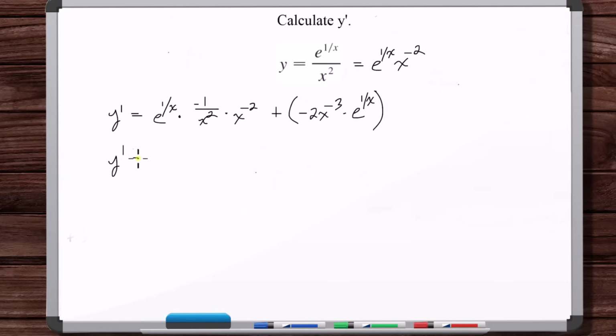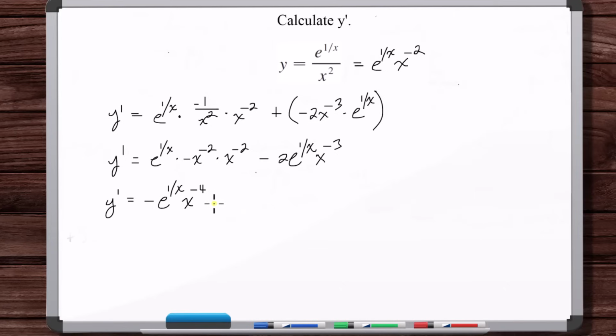Okay, so we've got, and then this is minus x to the minus 2, and then okay, and then we've got x, and then minus 2 e to the 1 over x.